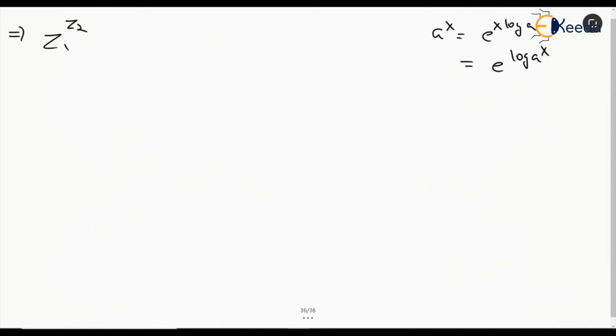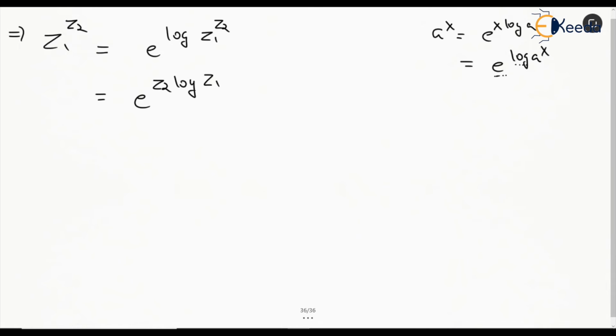So basically we are first taking a log and then an anti-log, so log and anti-log can be cancelled. In that manner this can be written as e to the power of log of z1 to the power of z2. As per the property of log, this can be written as z2 into log of z1.